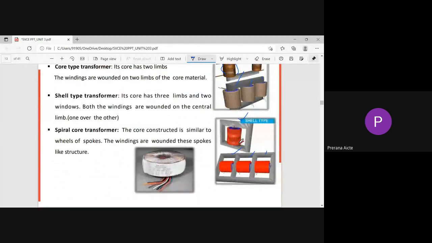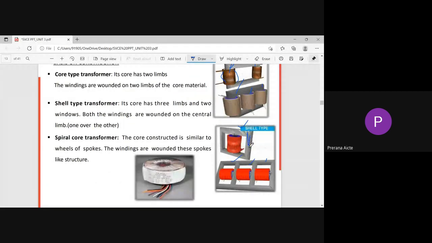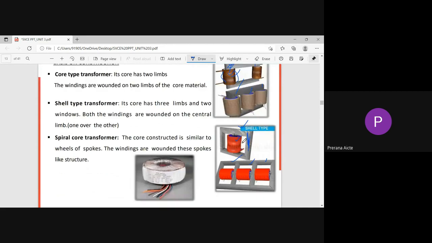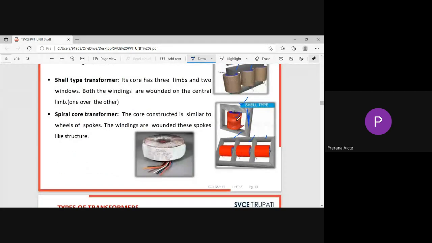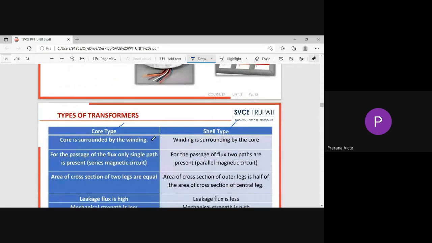In the case of the shell type transformer, the winding is surrounded by the core. So in the core type transformer, the core is surrounded by the winding, and in the shell type transformer, the winding is surrounded by the core.